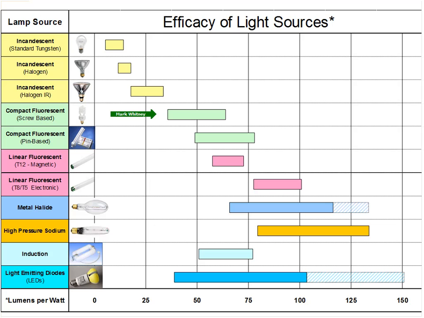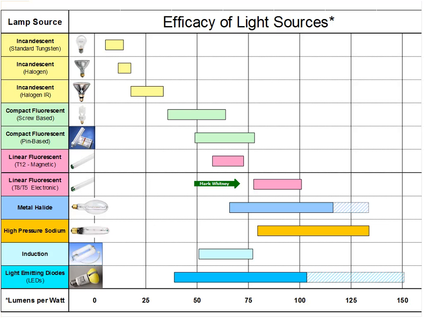The screw-in compact fluorescent has a range hovering around 50, where the pin-based overall are a little higher and can be as high as 75 lumens per watt. Your T12 magnetic, not very good, maybe around 60. Your T8 fluorescent and your T5s are going to be better than any T12, and the lumens per watt can be as high as 100.